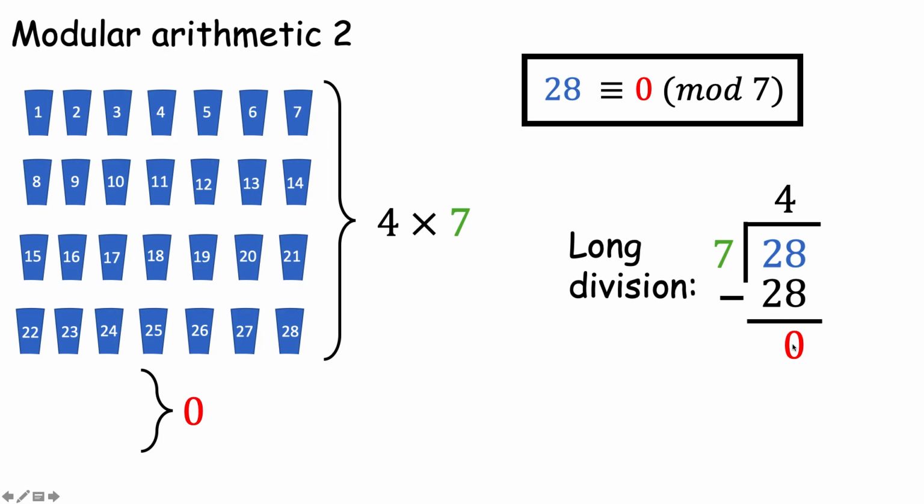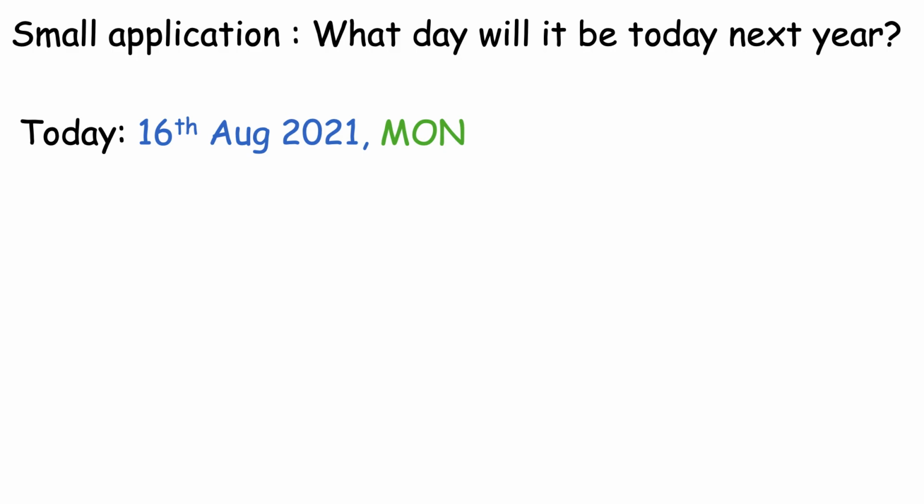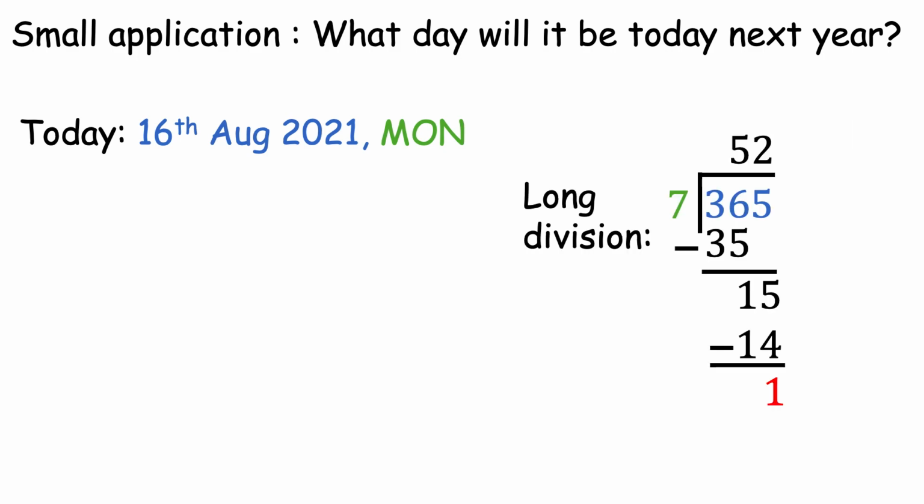So with this knowledge, let us try to do something. Given that 16th August 2021 was a Monday, let us find out what day of the week it will be on 16th August 2022.